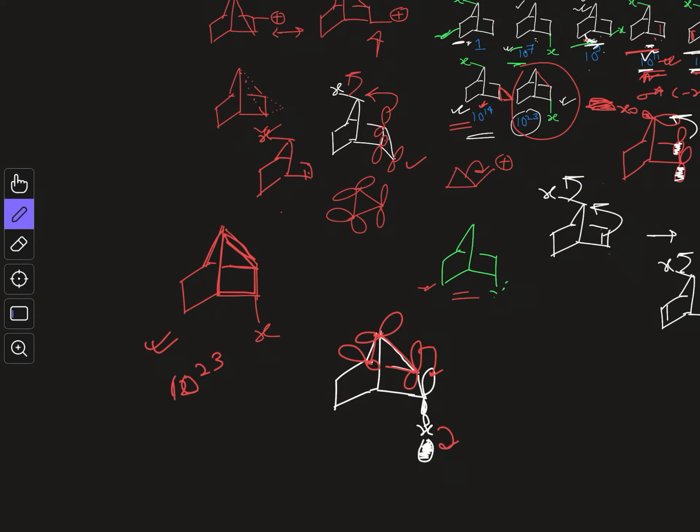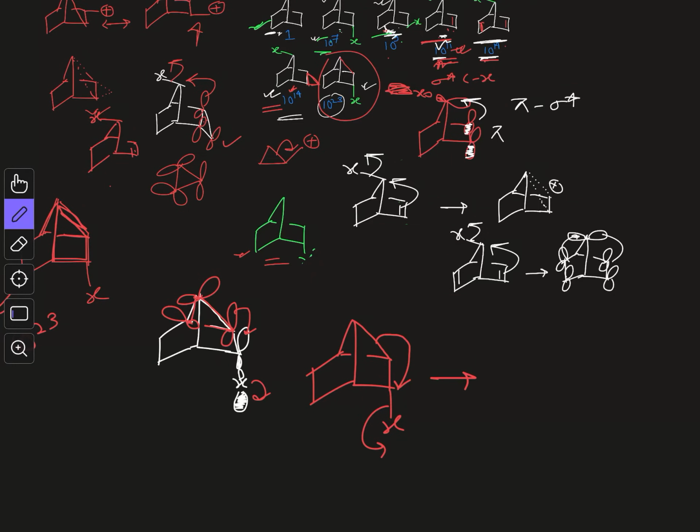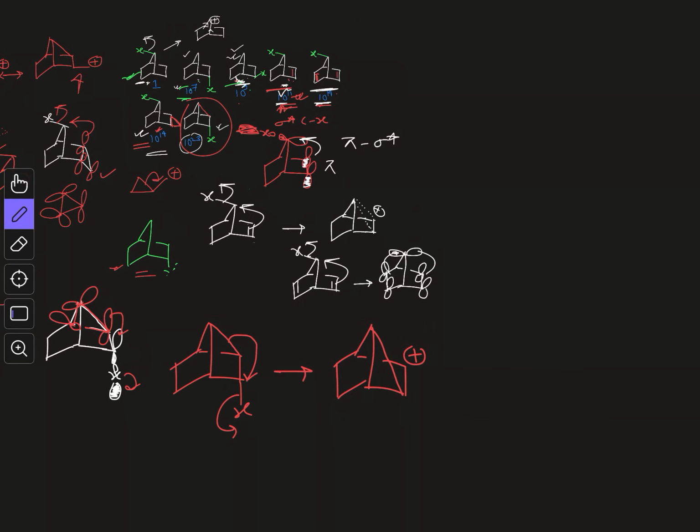If I show it by arrows, this is the X and this is your cyclopropane segment. This can come here to kick off this X minus. So what you will get is something like this, and here you have positive charge. This is one resonance canonical form.